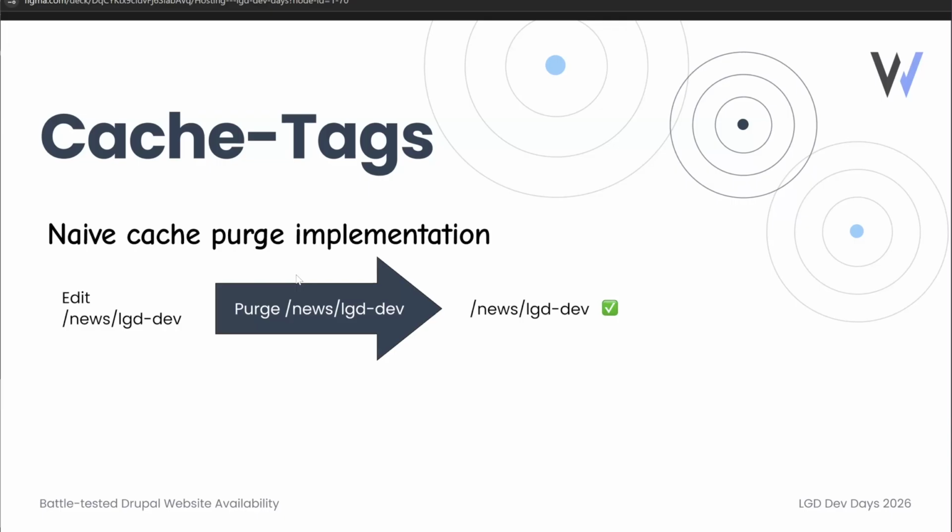So this page has now been updated, but you then look at the news listing page, and it doesn't work. It's still got the old content because nobody told it to clear that particular page.